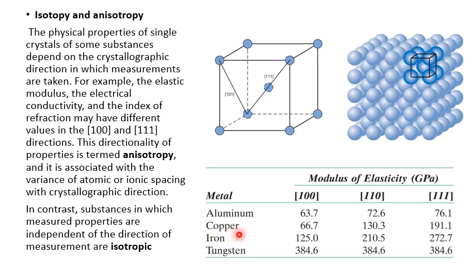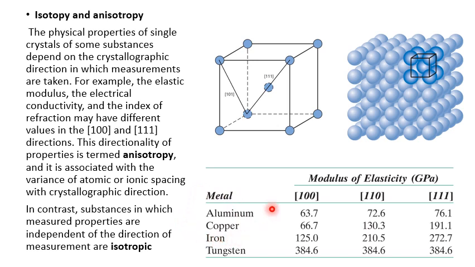So copper, with FCC structure, has 66.7 gigapascal modulus of elasticity in the 100 direction. The modulus of elasticity is doubled to 130 in the 110 direction. It is even higher in the 111 direction.